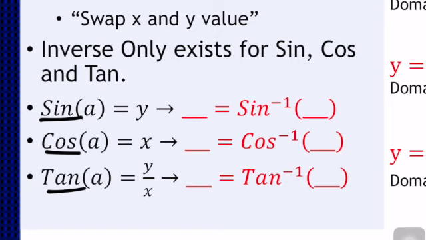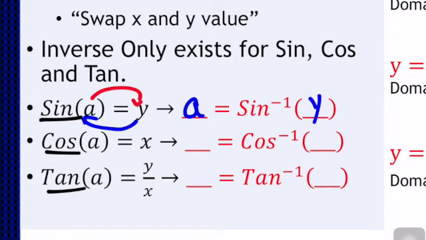So all we're going to do to understand what an inverse is, we're just going to swap the values. The a is now going to go in the place of y, and the y is now going to go in the place of a. So we're going to switch this. Now instead of y equaling the function, it's now going to equal a. And instead of the a being inside of the sine, now the y value is going to be on the inside.